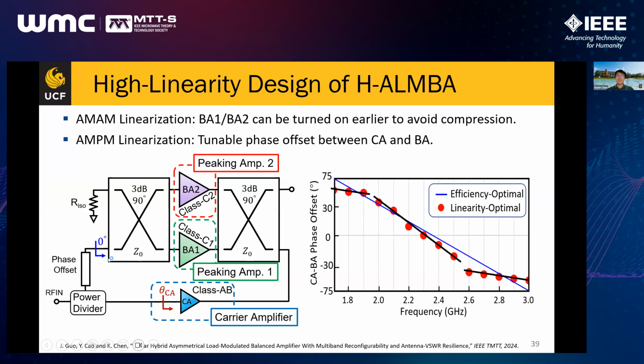So we need to adjust this phase offset to linearize the AM-PM of this HA-LMBA at different frequencies. But this is achievable with realistic designs. We can always tune the phase like a phase shifter.